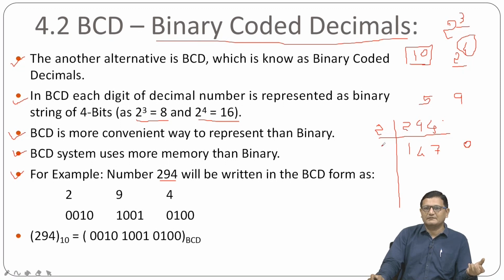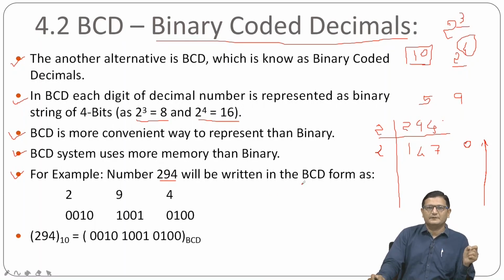Again we divide this number 147 by 2 and go ahead, and whatever remainders there are, we write them all in this way. That is how the number gets converted into binary, if you collect all the remainders until the number becomes 0. That is called the binary. But here we are not talking about binary.